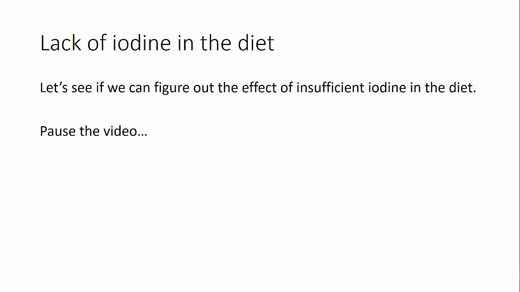Let's look at another condition that can occur in the thyroid gland when there is insufficient iodine in the diet. Remember that in order to make T3, T4, you must have iodine. What would happen to the TSH levels if the T3, T4 levels became very low?